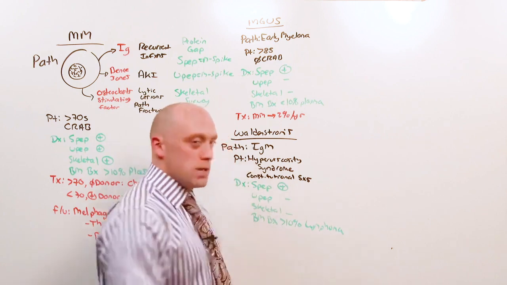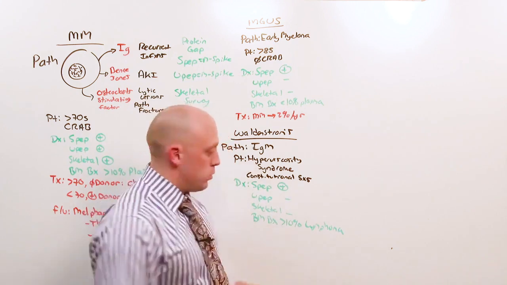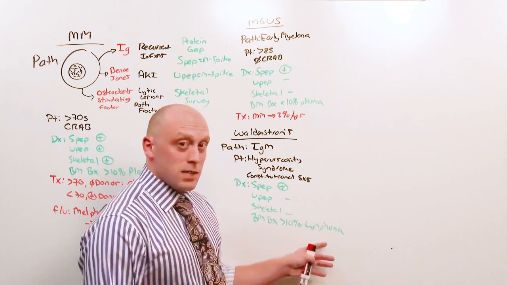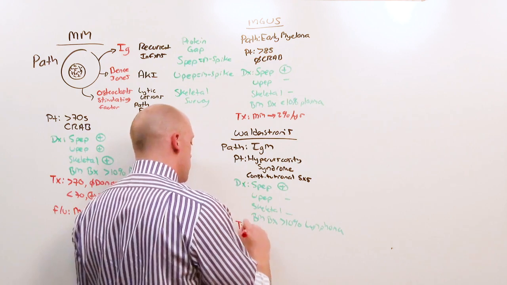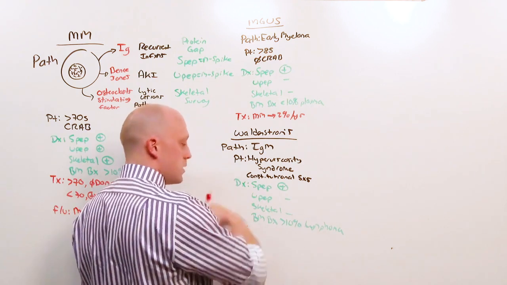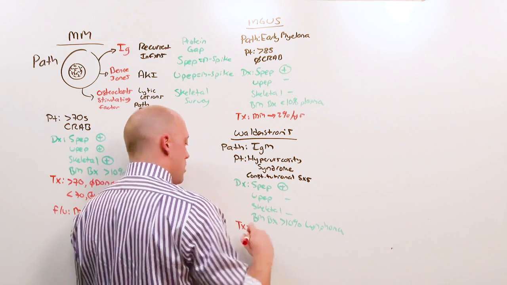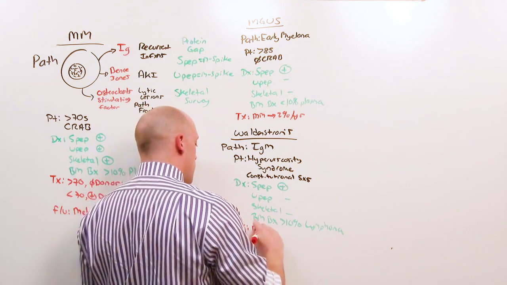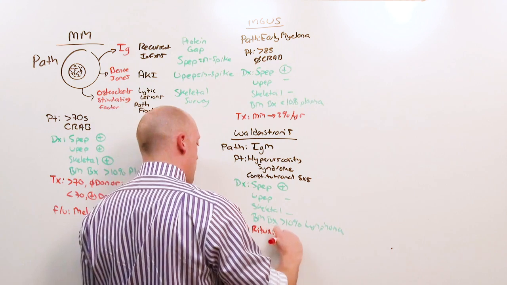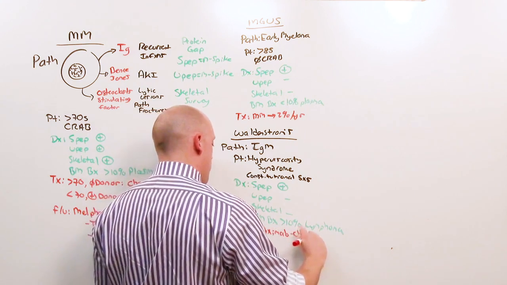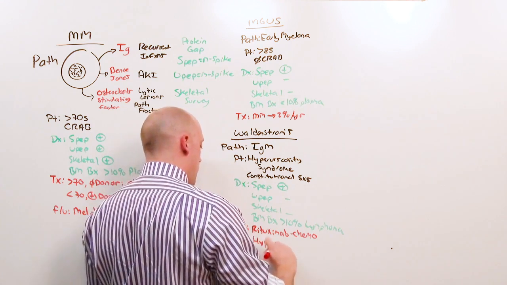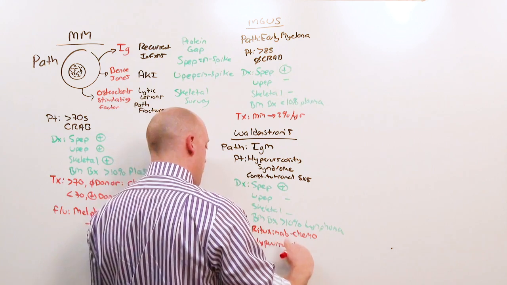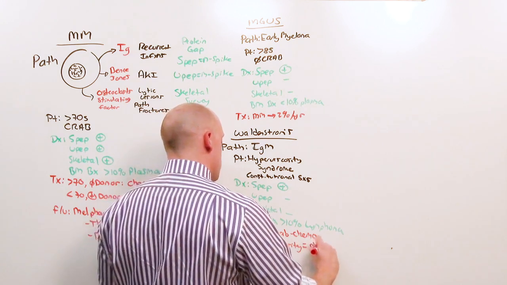It's a lymphoplasmacytic lymphoma, but what you're looking for is basically lymphoma. And the treatment is going to mirror lymphoma more than it is the plasma cell dyscrasia. You're going to use a rituximab-based chemotherapy. And if they have hyperviscosity, you use plasmapheresis.